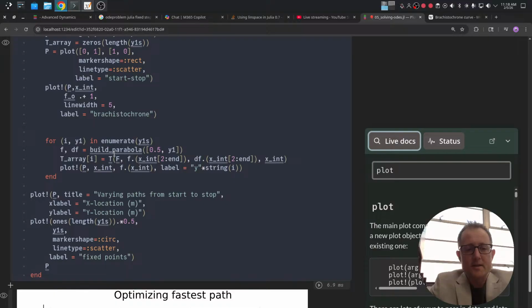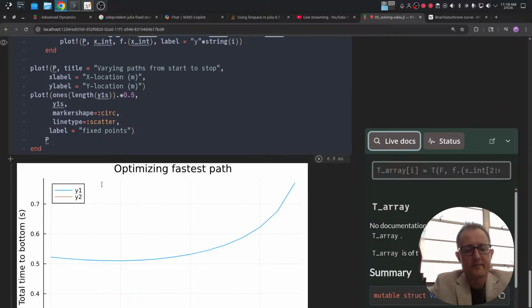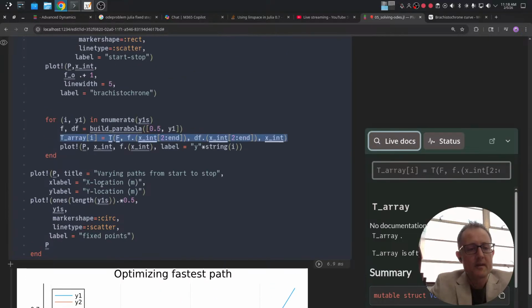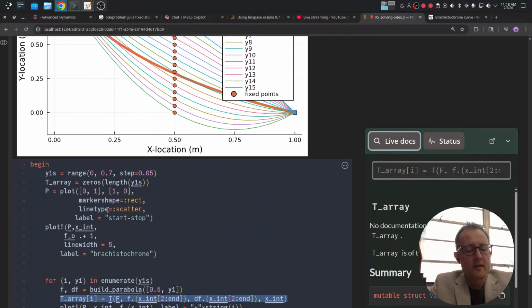And so I took all those different parabolas, plugged them in, and so there's y1 through y15, all these different ways of getting down this curve to that point of 0.